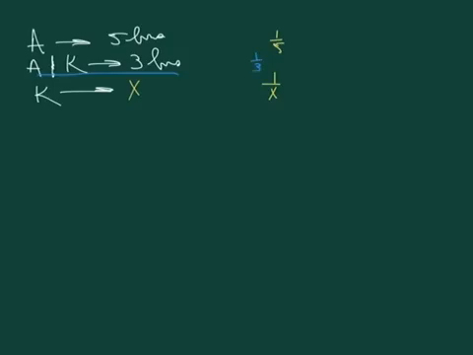Okay, so what we did here is we took the amount of time that they can clean the whole house, 5 hours, 3 hours, and X hours. We made it into how much of the house they could clean in 1 hour.